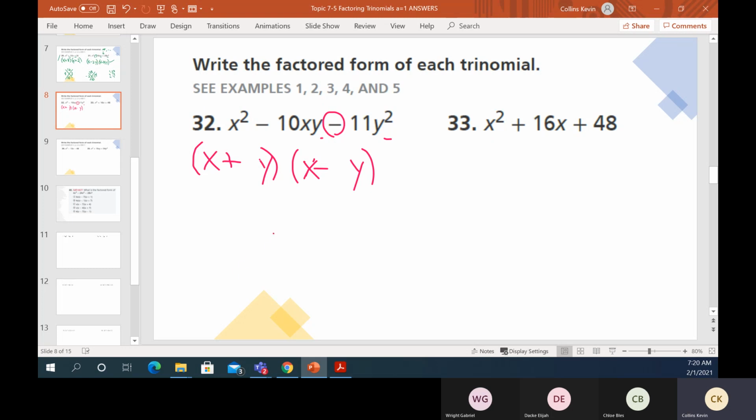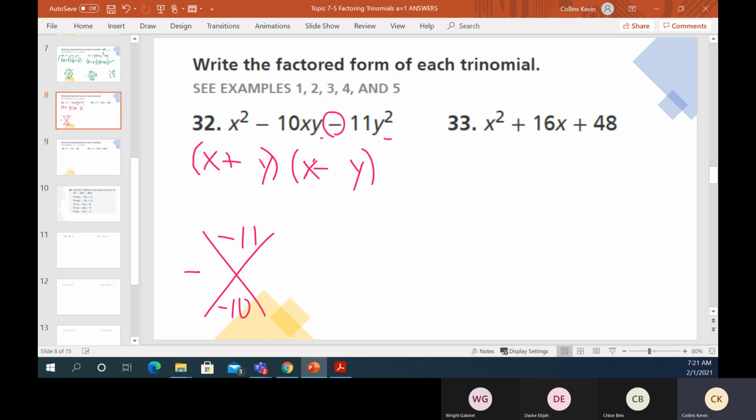Okay. So again, we can do our diamond thing here. So I need two numbers that multiply together and give me minus 11. We've already established that one of them is going to be negative, right? And add together to give us minus 10. So again, we said when the number in the middle is kind of big, that means your factors are probably going to be spread out. And here's the thing about 11.